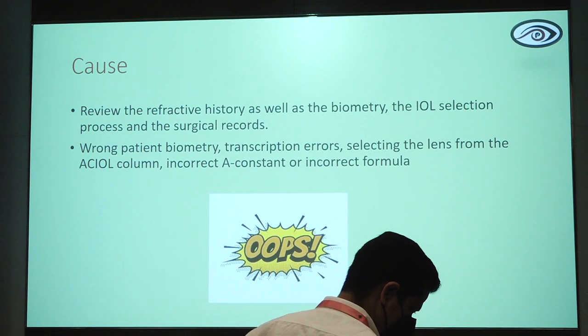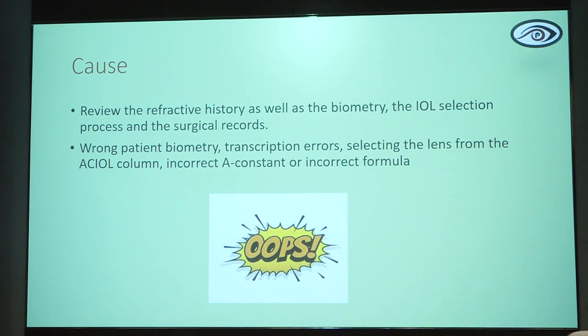But one lens was manufactured around 1 year before and has one A constant, and the other lens was manufactured a year later and has a totally different A constant. When you put both models into the IOL Master 700, suddenly you see a difference of 1.5 diopters. If your assistant makes that mistake, you cannot excuse yourself.